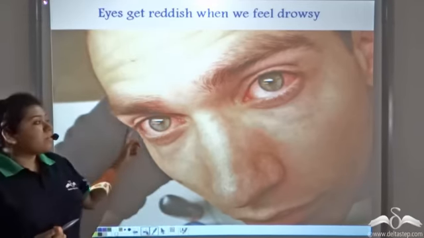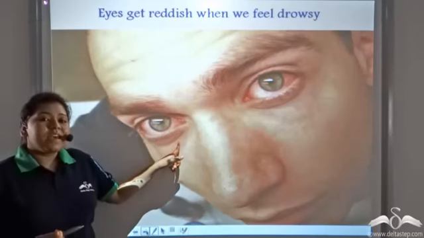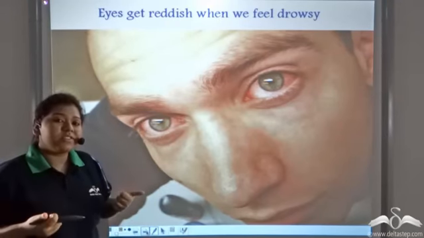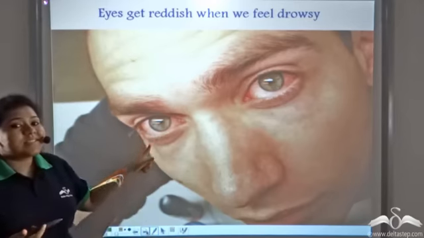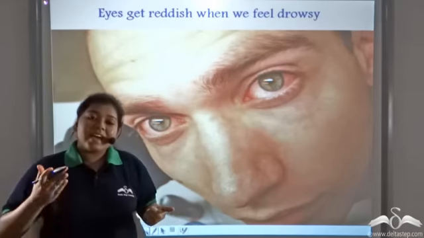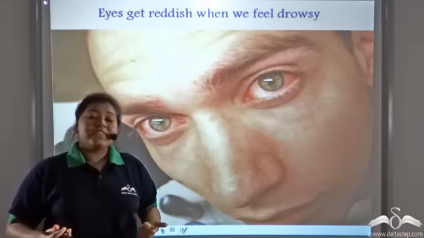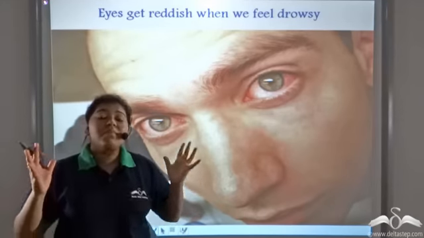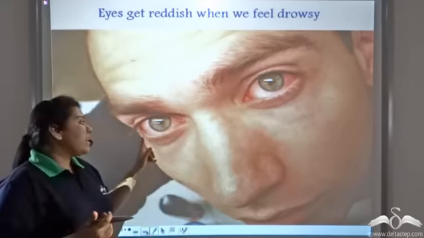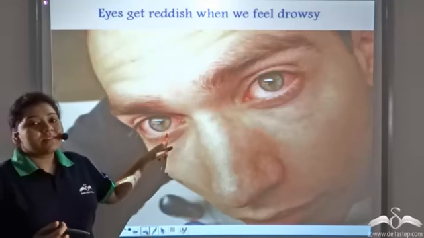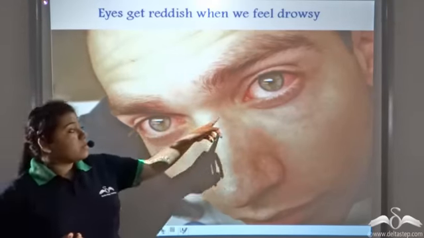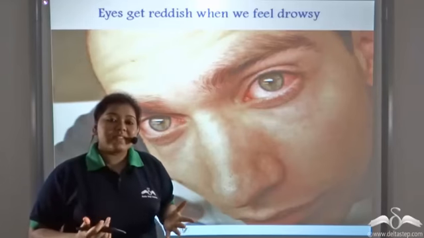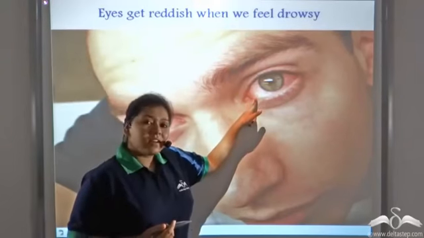So, when we feel sleepy and the eyes require more energy, the blood vessels that are present inside the eyes tend to carry more blood so that more oxygen can reach the eyes. So that is why, because there is an increase in blood flow through the blood vessels, the eyes turn reddish.